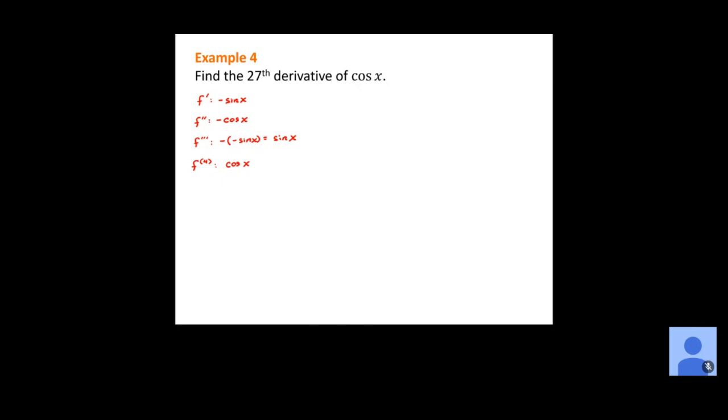So if you're trying to find the 27th derivative, we don't actually have to go all the way to 27. We can just figure out where we are in that pattern, and that'll tell us what that derivative is. So in this case, where would the 27th derivative land? So if cosine is the fourth, and then we're back to negative sine with the first, where would we hit the 27th derivative?